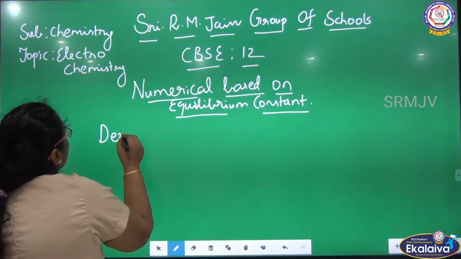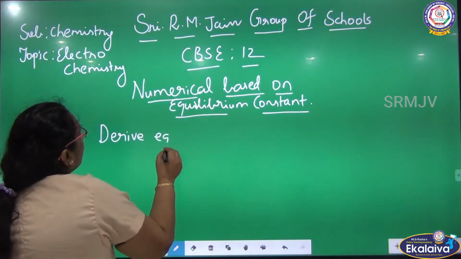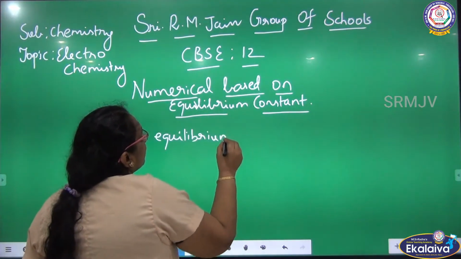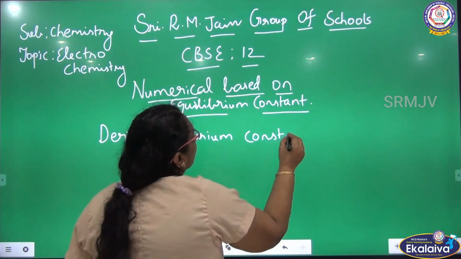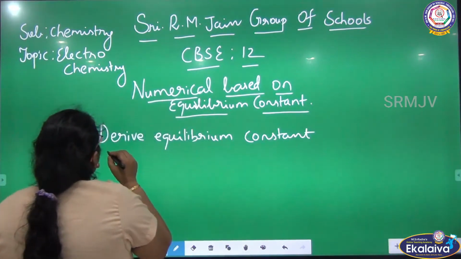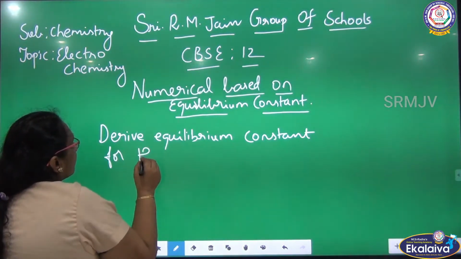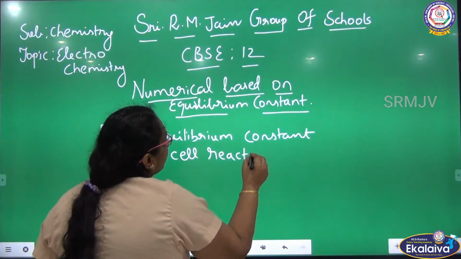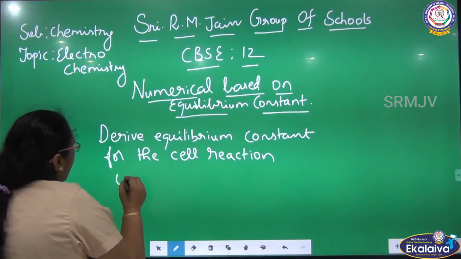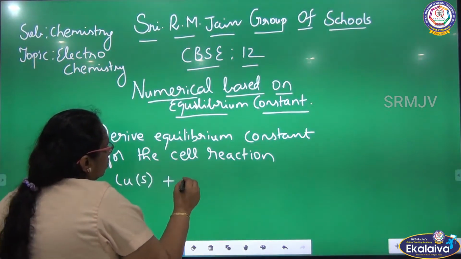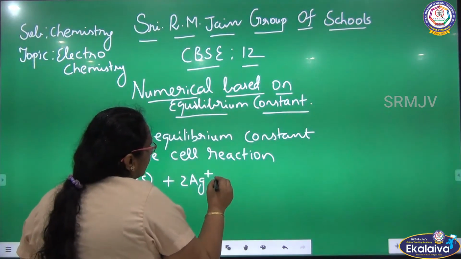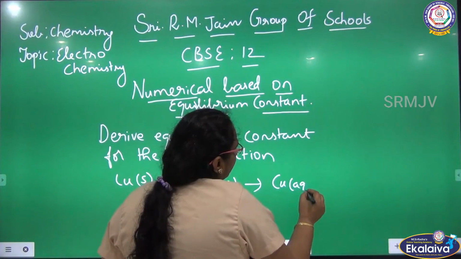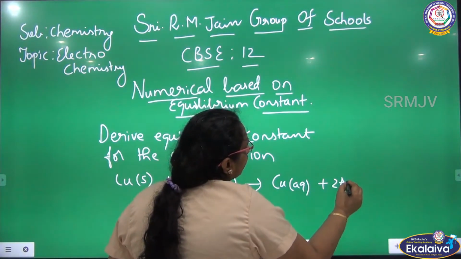Derive equilibrium constant for the cell reaction: copper solid plus 2Ag+ aqueous gives Cu2+ aqueous plus 2Ag solid.